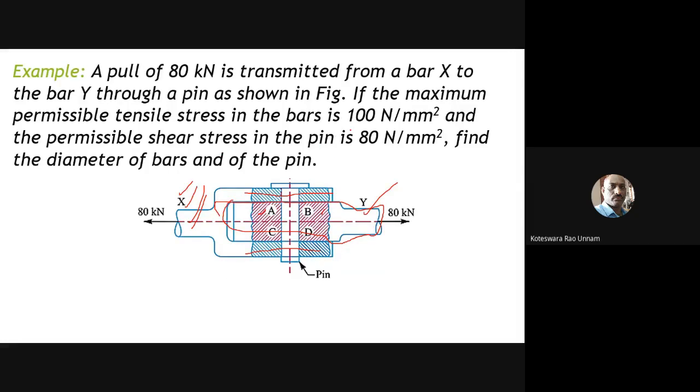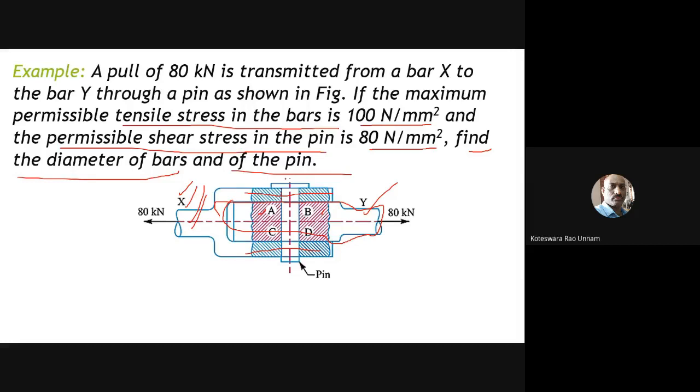A pull of 80 kilonewtons is transmitted, so the load is transmitted from bar X to bar Y. If the maximum permissible tensile stress in the bar is 100 Newton per mm square and the permissible shear stress in a pin is 80 Newton per mm square, then find the diameter of the bar and the pin.